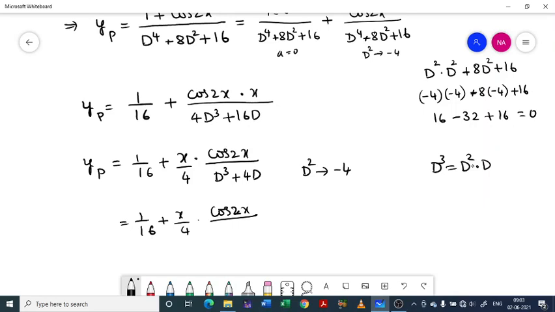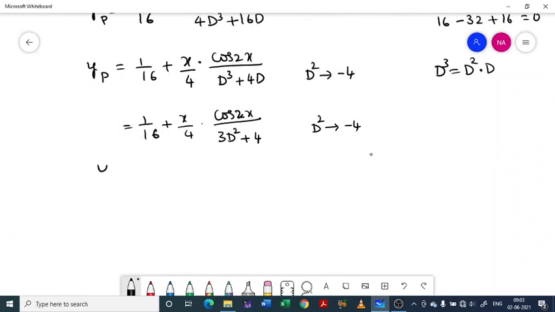So then differentiating it again, 3d square plus 4. Now replace d square by minus 4. Do you get 0 again? Minus 12 plus 4. So you get minus 8, no problem.